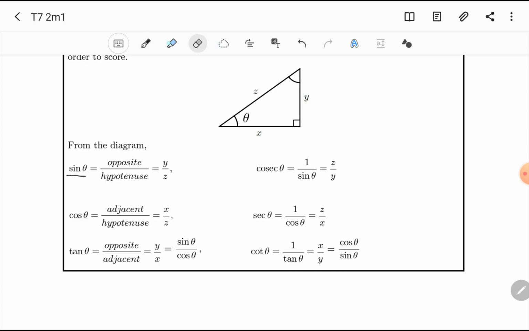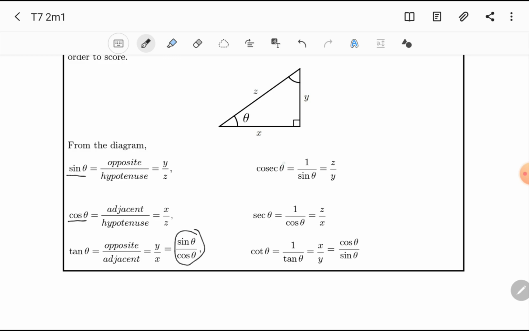Okay, next for cos. We know that cos is adjacent divided by hypotenuse. So we have x divided by z. Okay, next we have tangent. Tangent is opposite divided by adjacent. So y over x or sine theta over cos theta.